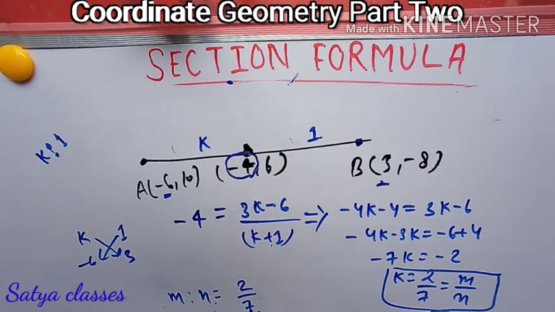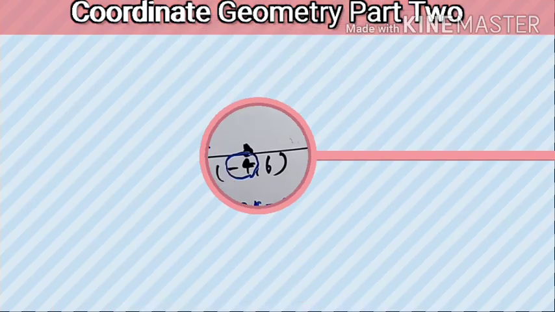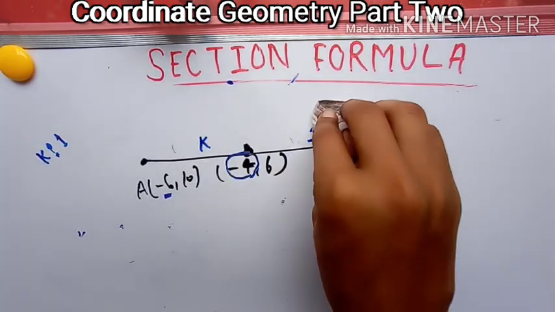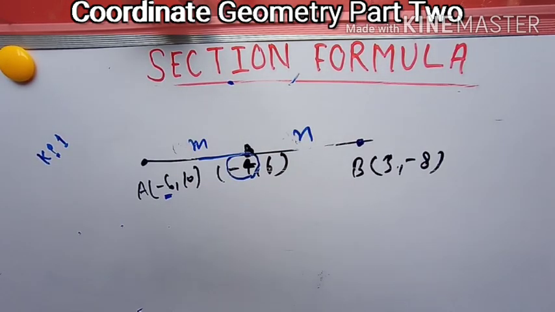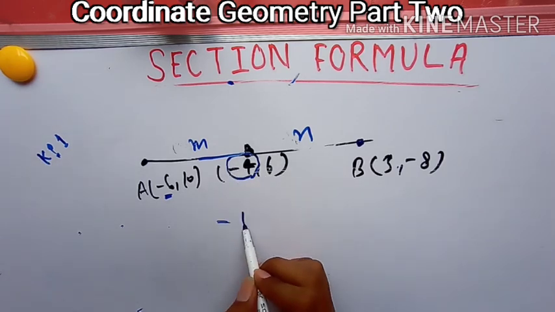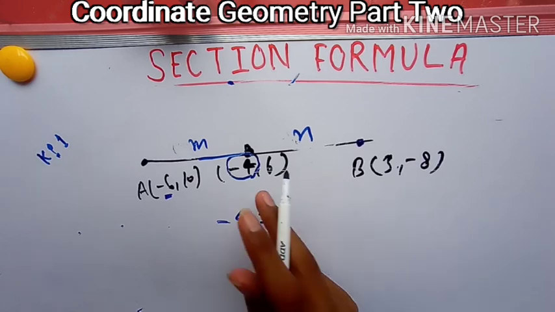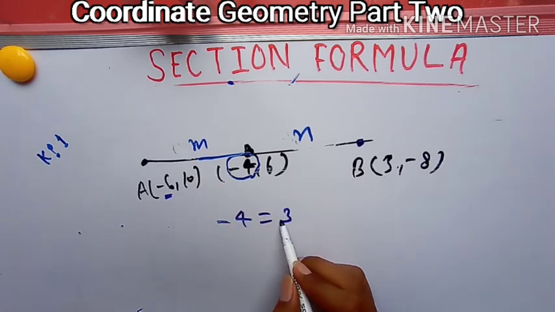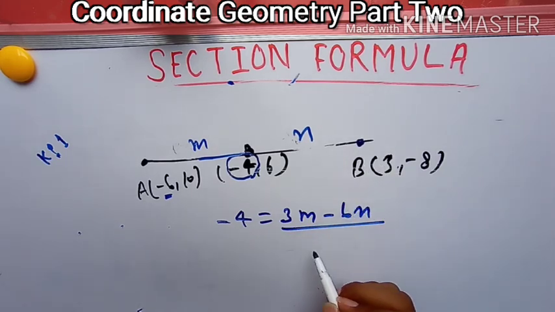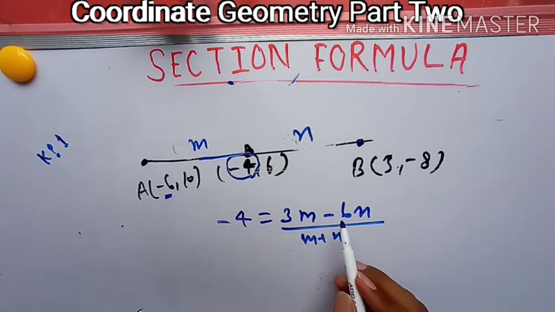Now let us choose the second method of m and n and see how much longer this method is. Okay, are you ready? Now I am writing the formula for minus 4. This gives you minus 4 is equal to 3m minus 6n upon m plus n. So let me solve this.